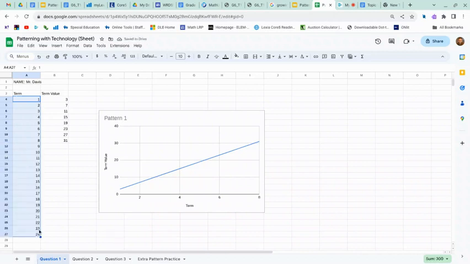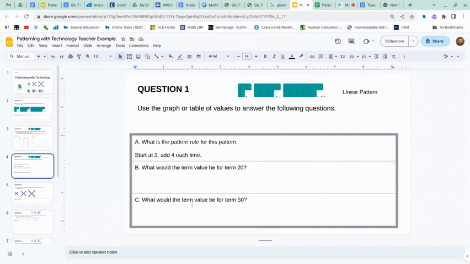So now I've pulled it down to get to 24. Now let's do the same thing to my term value column. Great. Term 20 is 79. So I'm going to go back to my question. And I'll just put 79 as my answer.